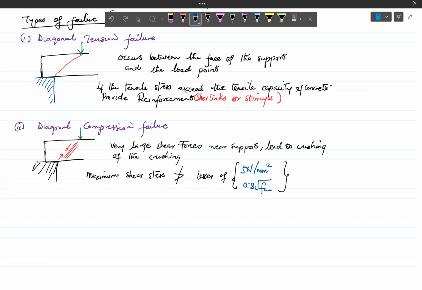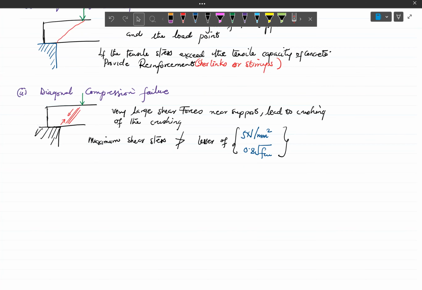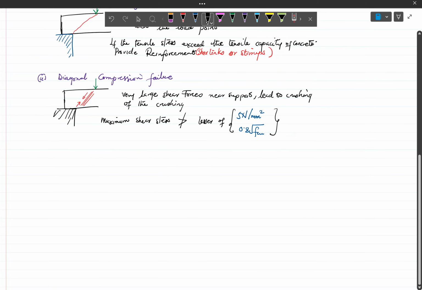All right, so normally, if there is no reinforcement to prevent the diagonal tension failure, how is the concrete or the reinforced concrete able to resist shear?